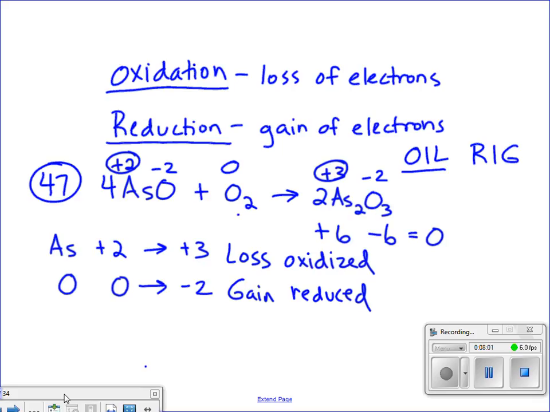As far as the agents go, it asks what the oxidizing agent is and what the reducing agent is. If you are oxidized, you are the agent that reduced something else, so you are also known as the reducing agent. The thing that was reduced, which is oxygen, was the substance that oxidized something else, so it is called the oxidizing agent.